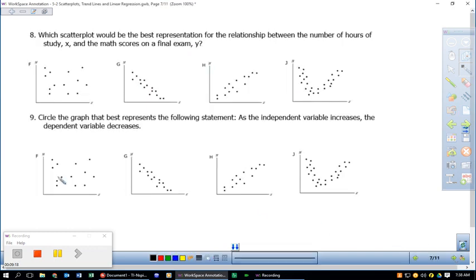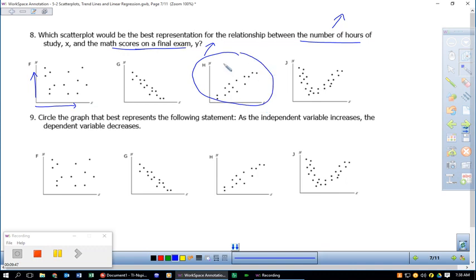Number 8, which scatter plot would be the best representation for the relationship between the number of hours a student studies and the math scores? Well, in general, if the number of hours they study increases, the scores on the final exam should go up. So as one increases, the other should increase, which is not F. Certainly not G. It looks possibly H, and J is just fine.